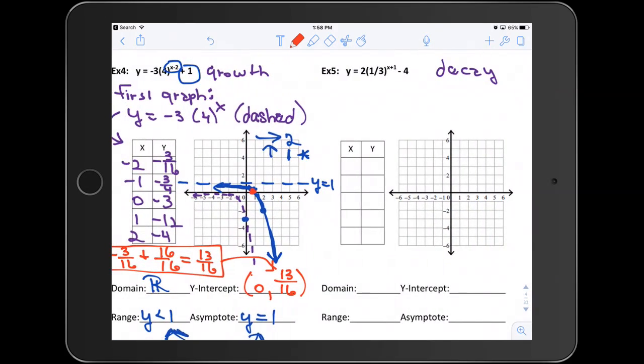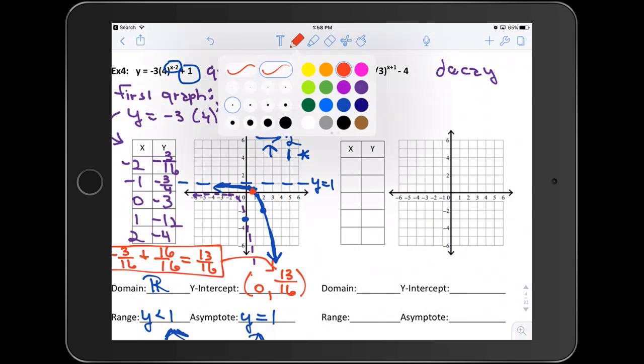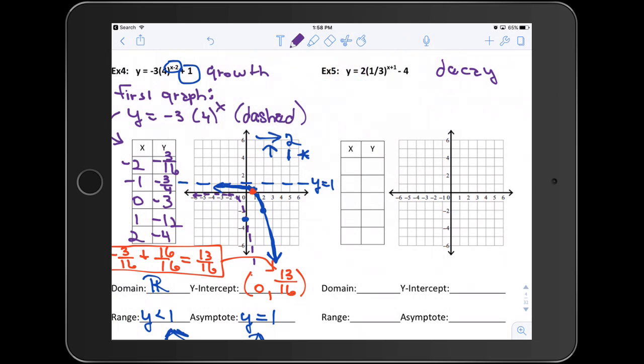Okay, so let's do this one over here. Again, we have an A value of 2. I don't want to do it in red. Red feels so formal. A is equal to 2. The B value is 1/3, which means that we have a decay like we set up here. I said it already, so I'm not going to rewrite it.